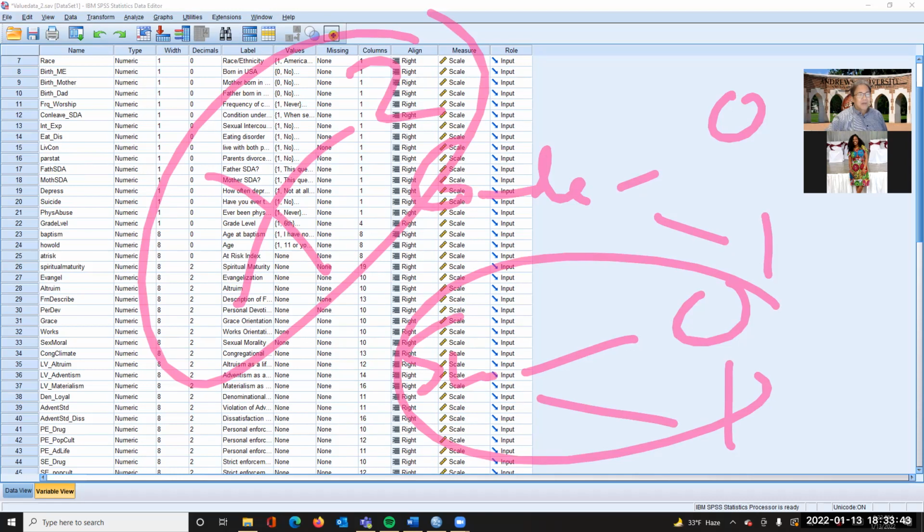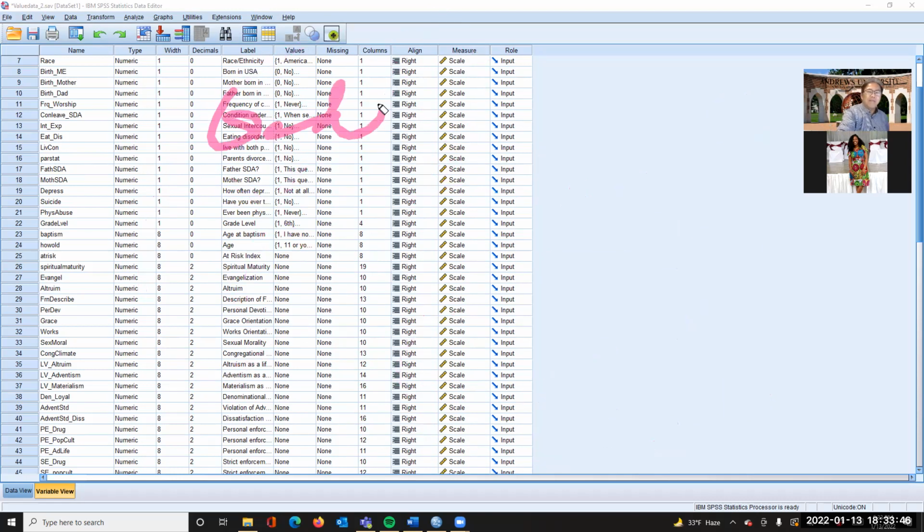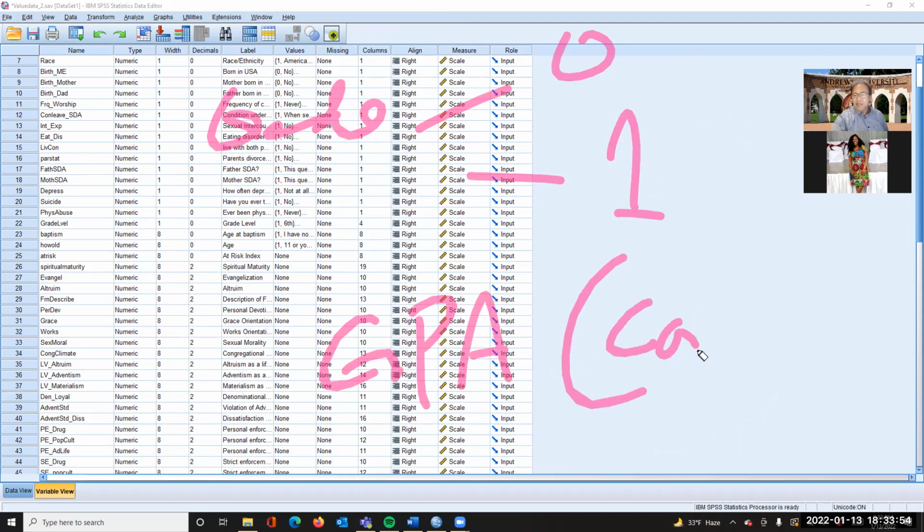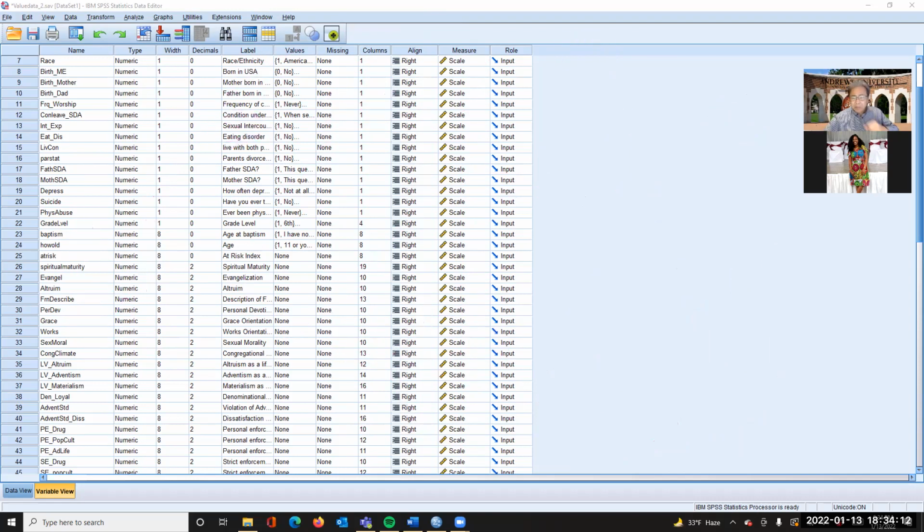Now, if you were to look at gender differences on some continuous variable, let's say GPA, which would be considered continuous or scaled, then you would use the t-test for independent samples. But to determine gender differences here, you would use the chi-square.